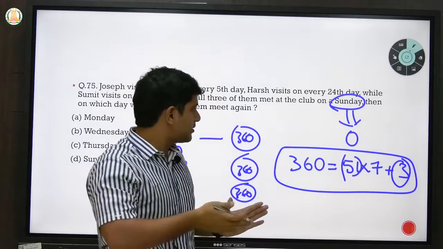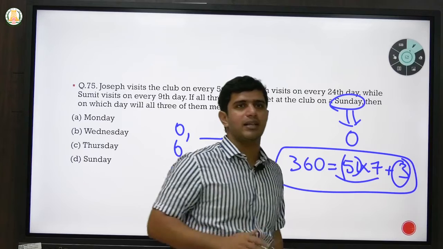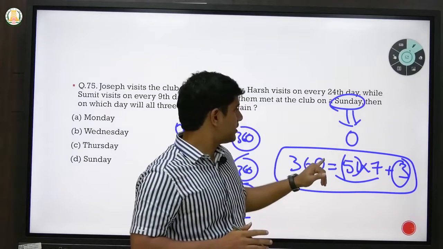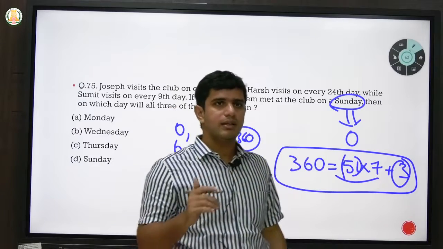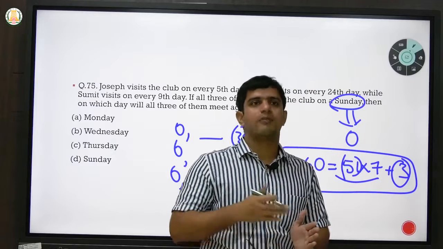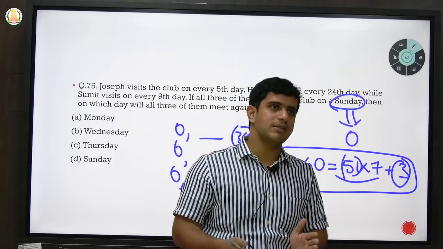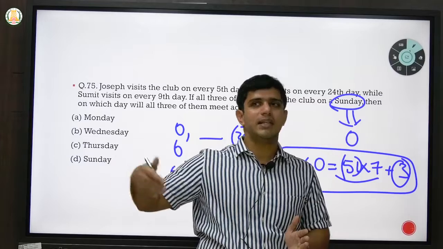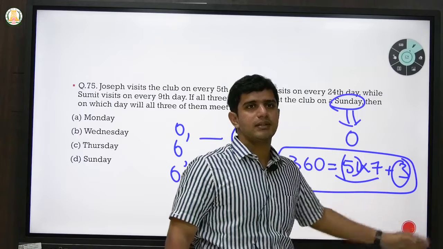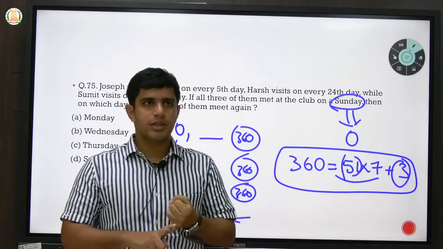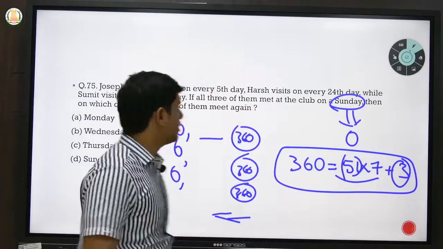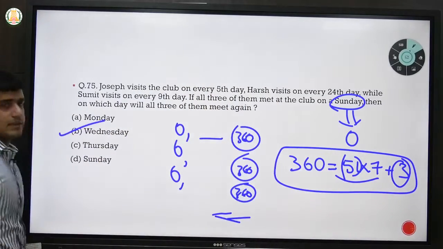After 51 weeks are over, it will still be Sunday, that is the 357th day. The 7th day will be a Sunday, the 14th day a Sunday, the 21st day a Sunday. Like that, if you add 7, you get the 357th day also a Sunday. Then you have 3 more days: Monday, Tuesday, Wednesday. So the 360th day will actually be a Wednesday. So Wednesday is the answer.